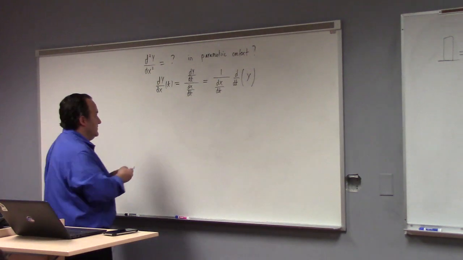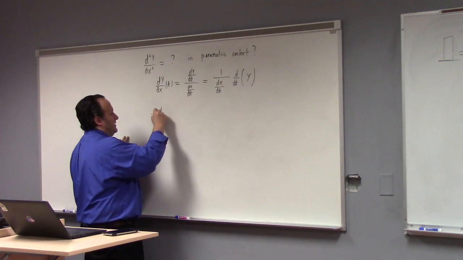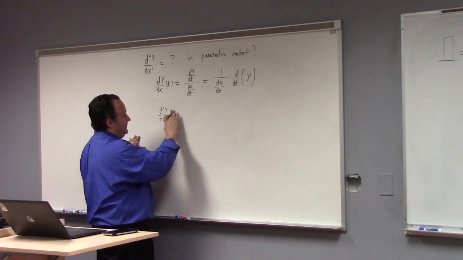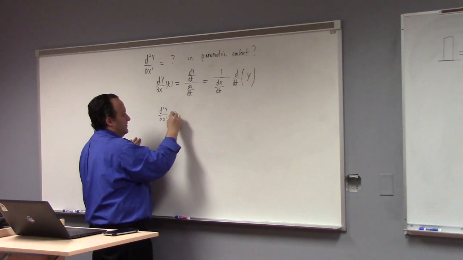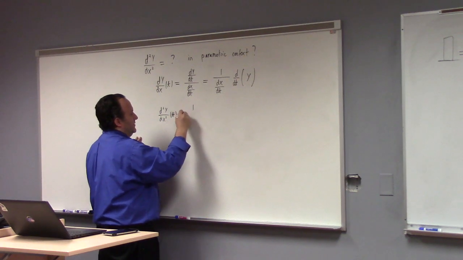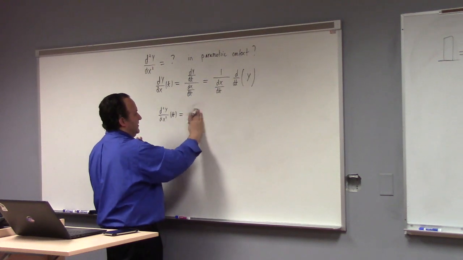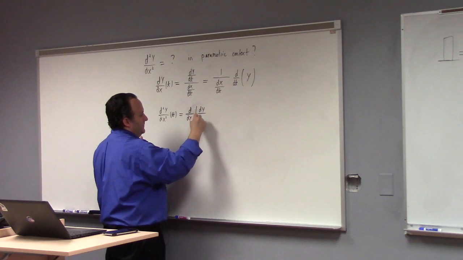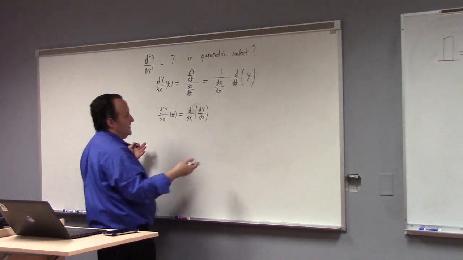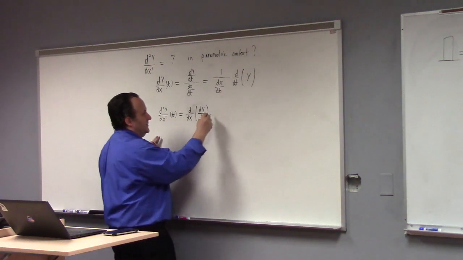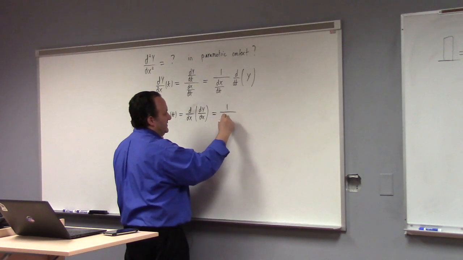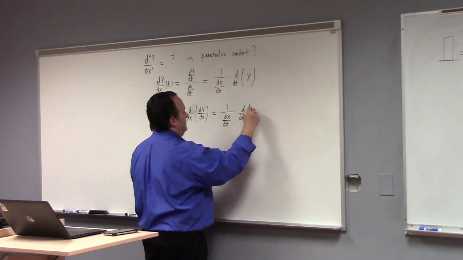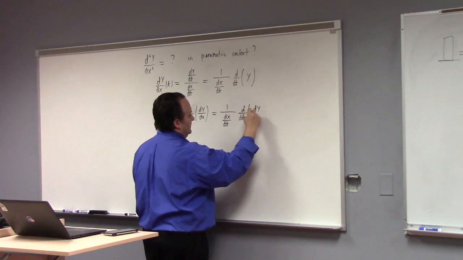So for the second derivative, d squared y dx squared, if we want to look at it as a function of t, one more step here. That's really d dx of dy dx, right? And you're looking at that as a function of t. So to do that, what we do is 1 over dx dt times d dt of dy dx.